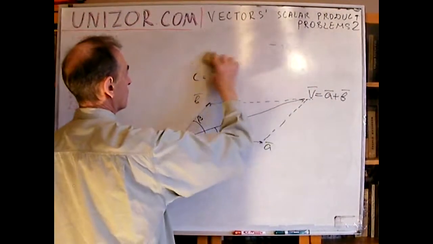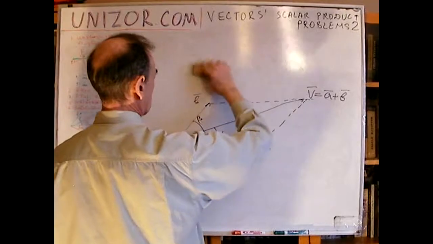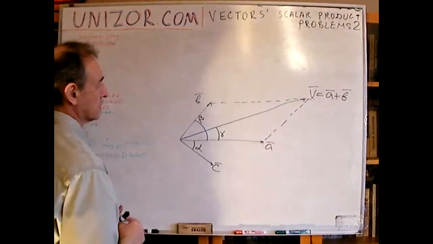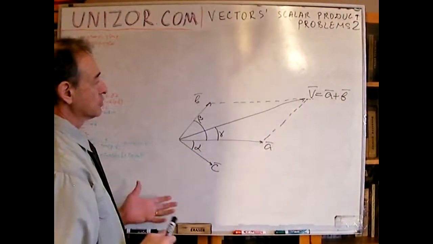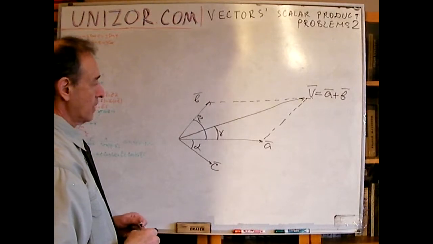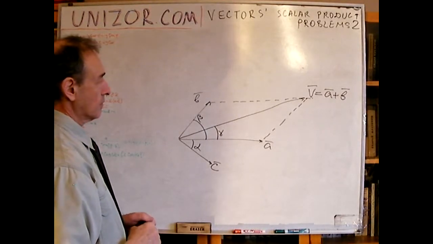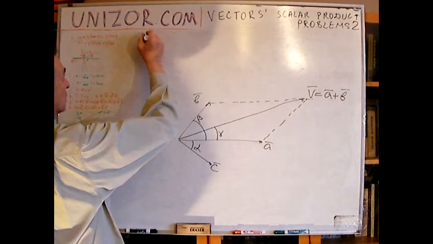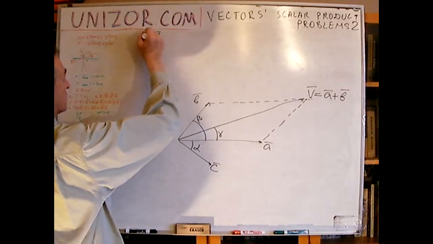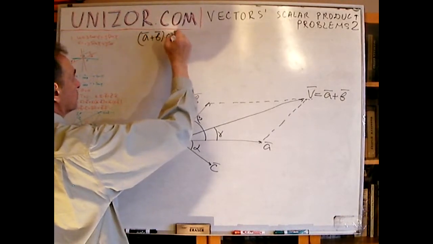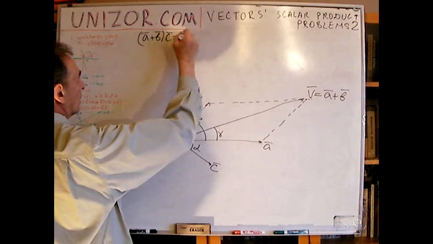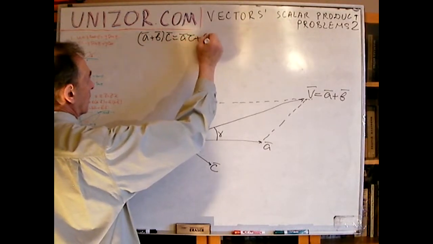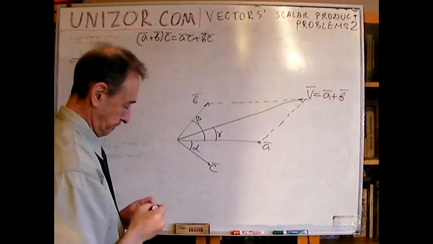We know all this, and I will use that space for something. All right, so what I'm going to do is, okay, let me just write again what I'm going to prove.